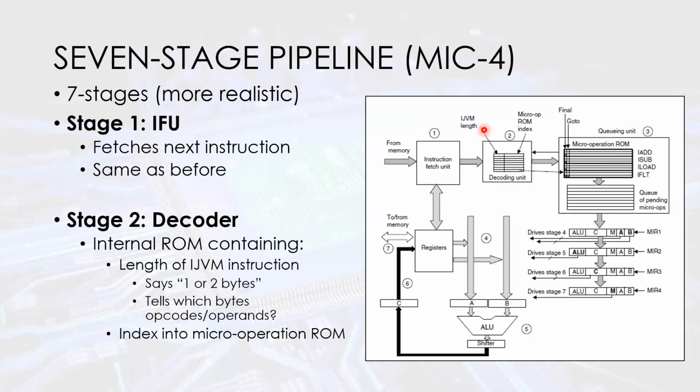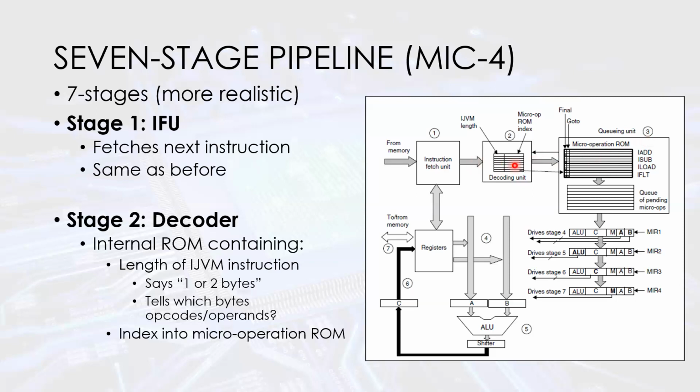Don't worry so much about some of the finer details on here, like IJVM length and micro op ROM index. The main thing to see here is that this assembly instruction is, for the most part, just some kind of pointer to which of these addresses in the control store holds the instruction we care about.